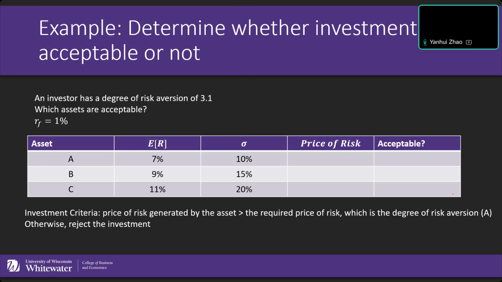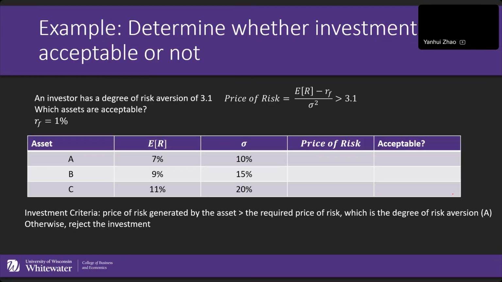Let's look at this. Determine whether investments are acceptable or not. An investor has a degree of risk aversion of 3.1. If an investment has a price of risk that is higher than or equal to 3.1, then the investor will invest in it.